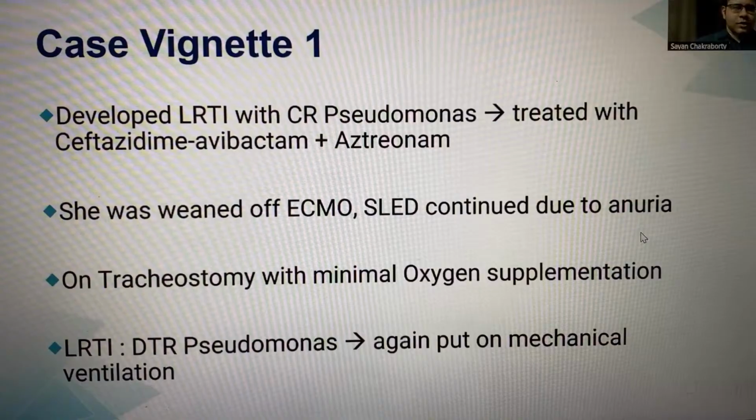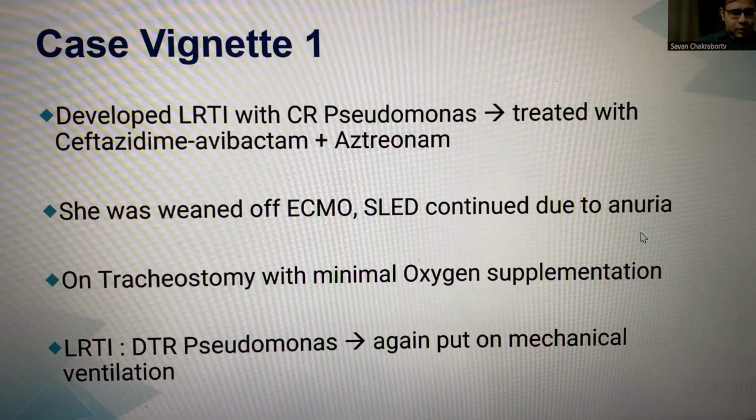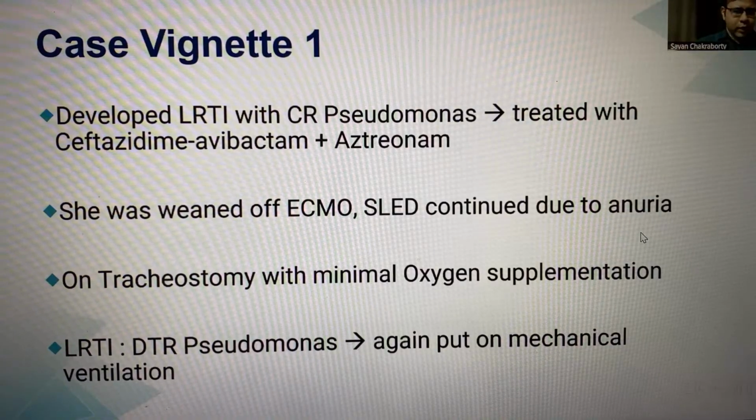Now Pseudomonas came into the picture. She developed again a VAP with carbapenem-resistant Pseudomonas. It was treated with ceftazidime-avibactam with aztreonam combination. So that responded well. She was weaned off from ECMO and her dialysis was continued. Eventually she was put on tracheostomy with minimal oxygen supplementation and she was doing quite well.